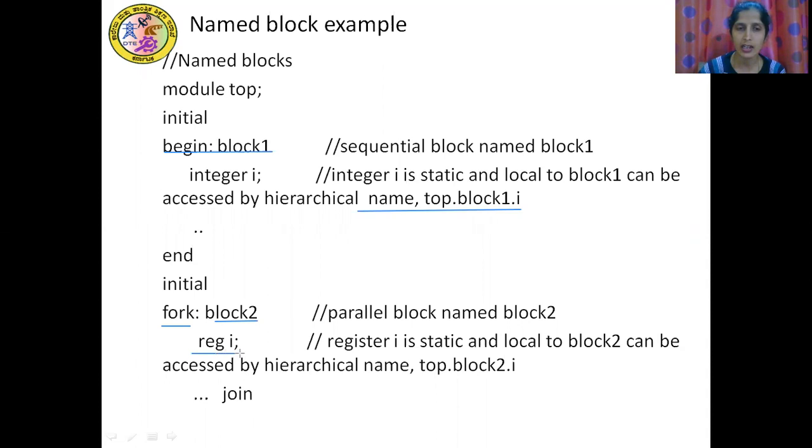Here we have declared a register with the variable name I. Here also we can access the local variable declared in the parallel block by hierarchical referencing. This parallel block belongs to the module top, dot, the name of the parallel block, block 2, dot, the name of the variable which we want to access. So this is how we can access the local variables within the sequential and parallel blocks, by hierarchical names.